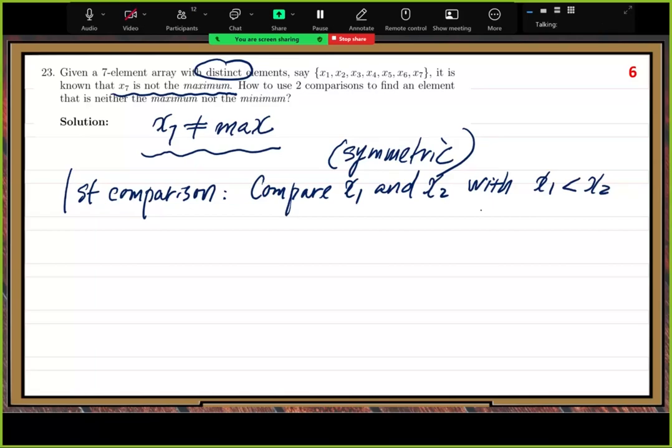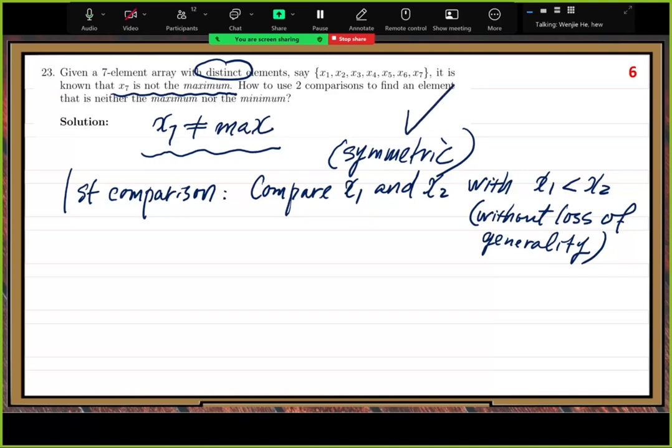We make this assumption, usually we say without loss of generality, because if you assume the other way around, it's the same thing. Usually in math, people say without loss of generality. But it should be for the symmetric case. Sometimes if you switch, it's different, then you need to discuss each of the two cases. Some cases are not symmetric, so you cannot make that assumption. So that's the first step.